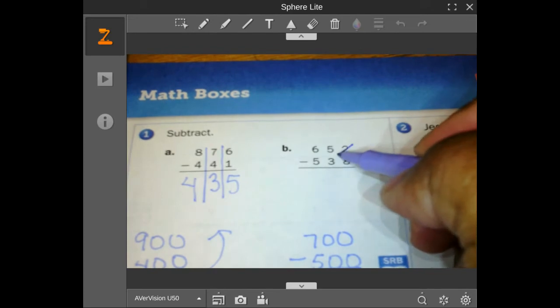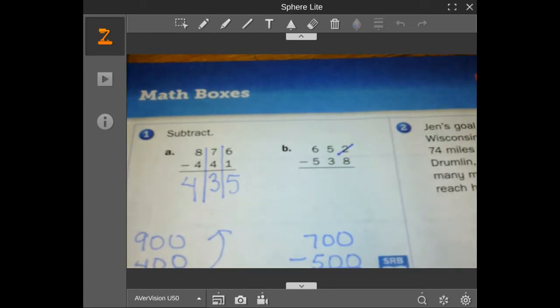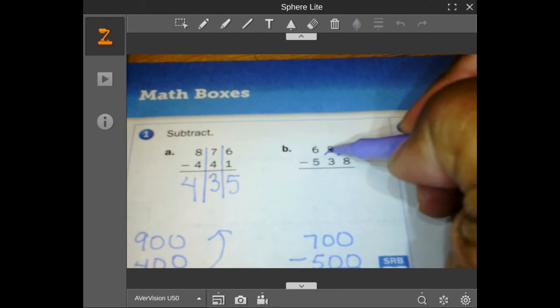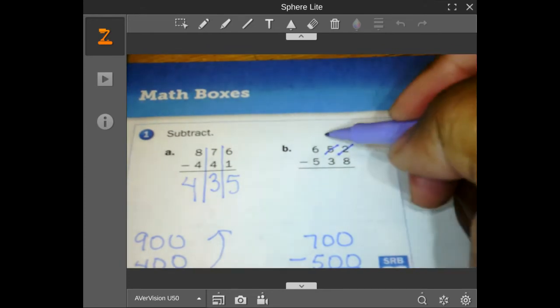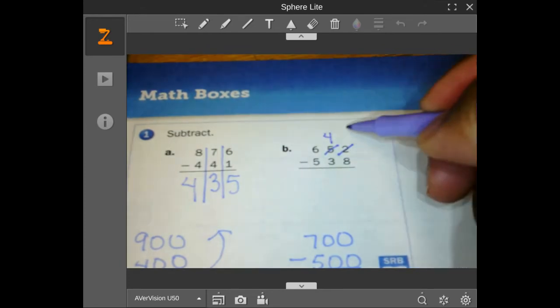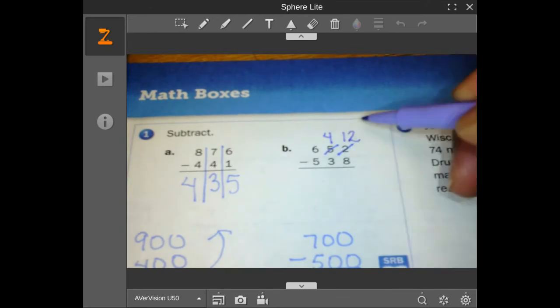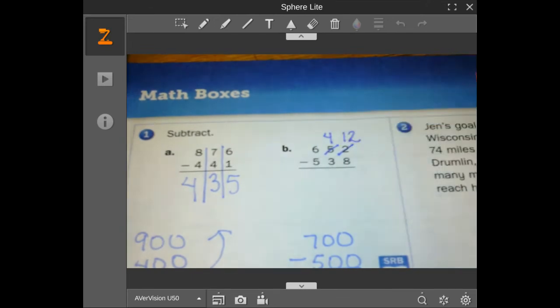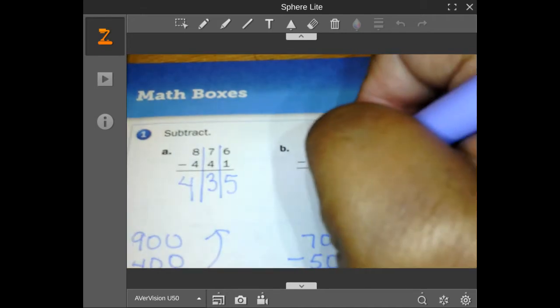Cross out my 2, and I'm going to borrow 10 ones. So now my 5 becomes 4 and my 2 is 12. I took 10 from my tens column. 12 minus 8 equals, yes, 4.